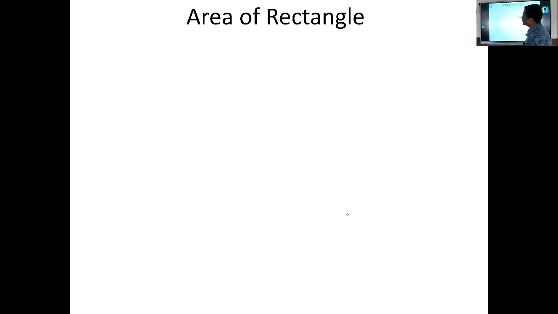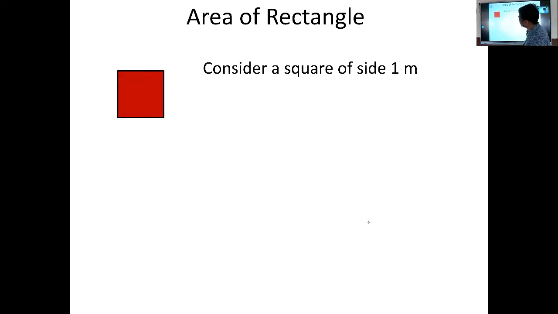Now again, how to find the area of a rectangle? Now we are going to consider a square of 1 meter by 1 meter. This is also known as a unit square because this time we are measuring the length using meter.